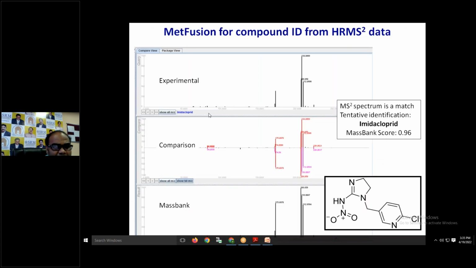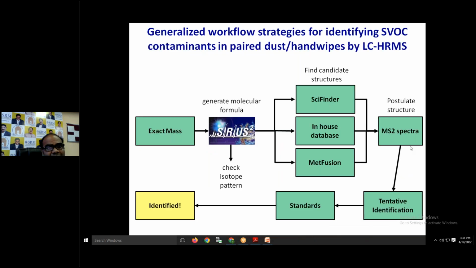As you can see, in the experimental comparison, we are comparing with the standard, the blank one without any exposomics. So this is the way we are going to identify the presence.